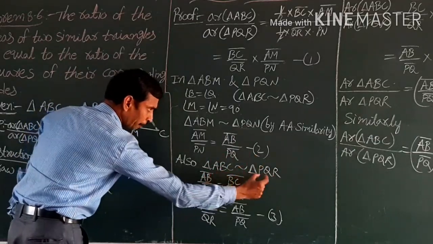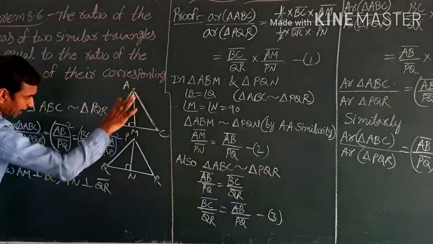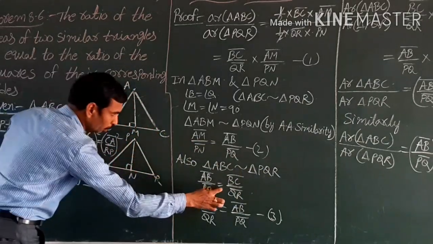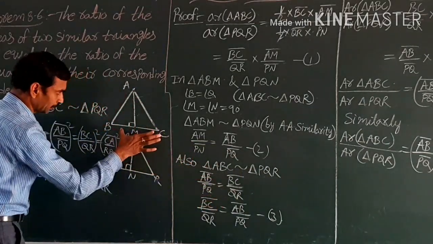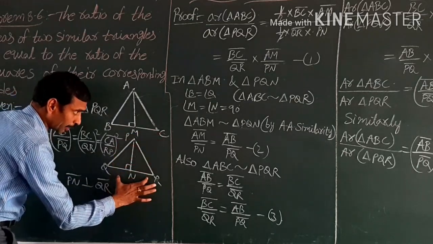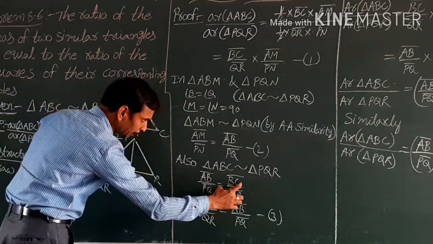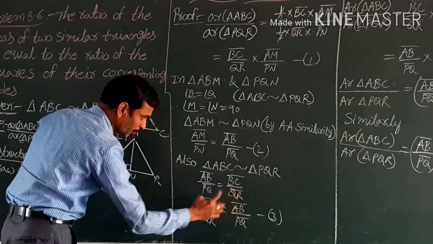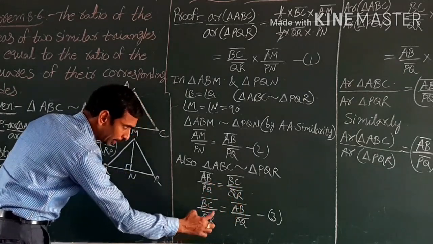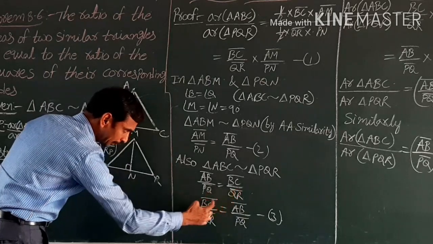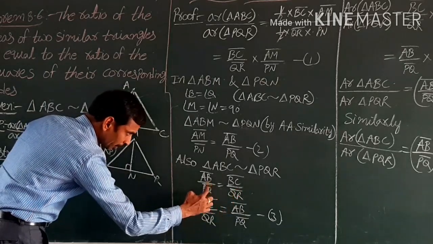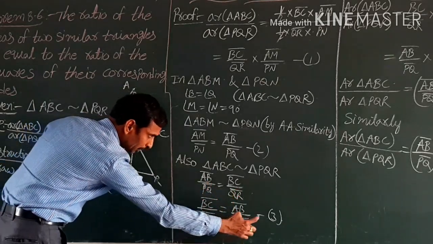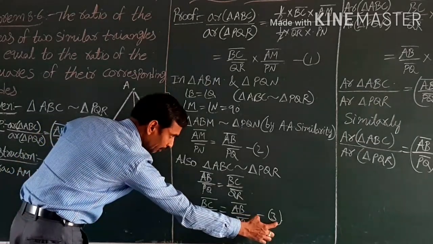Here AB by PQ, first side, is equal to BC by QR, base BC and base QR. So BC by QR is equal to AB by PQ. This one I am taking as the third equation.